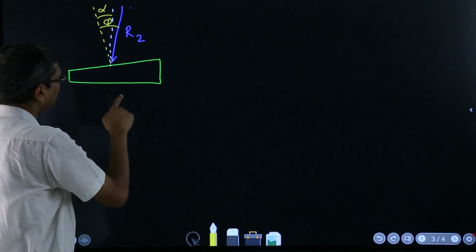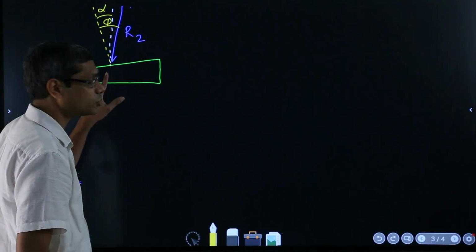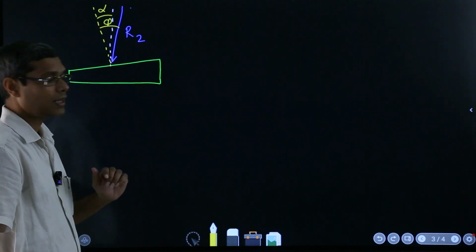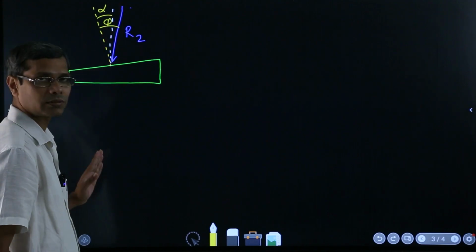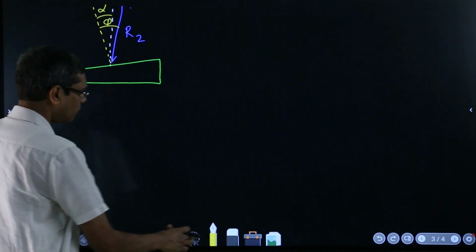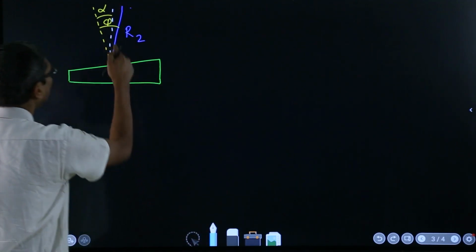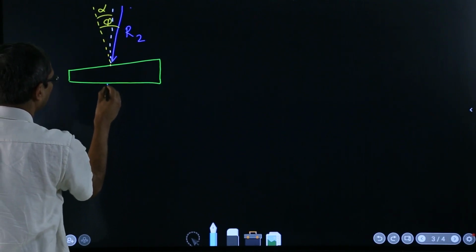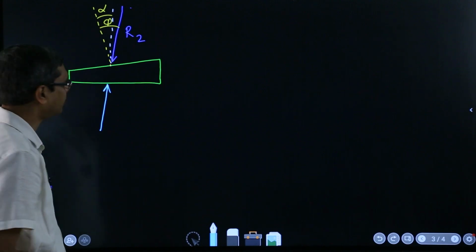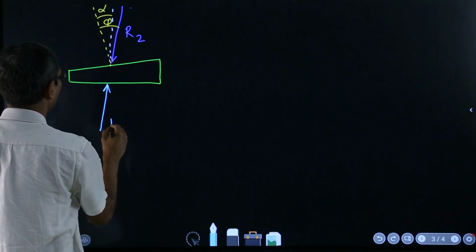But then we have discussed that it's a two force member and it is in equilibrium. That means the other reaction has to be collinear with this. There is no way out for that. So in the same line of action, it will be R1.